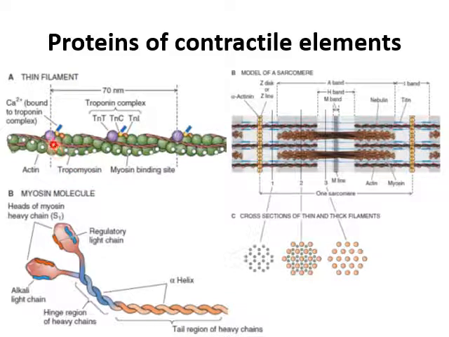Now this tropomyosin is present in the grooves of F-actin spaced by 180 degrees. That is, if one tropomyosin is present on this side, the other tropomyosin is present on the opposite side, separated by 180 degrees. So one tropomyosin you can see here on the screen, the other tropomyosin will be behind the screen, exactly opposite on the back side.